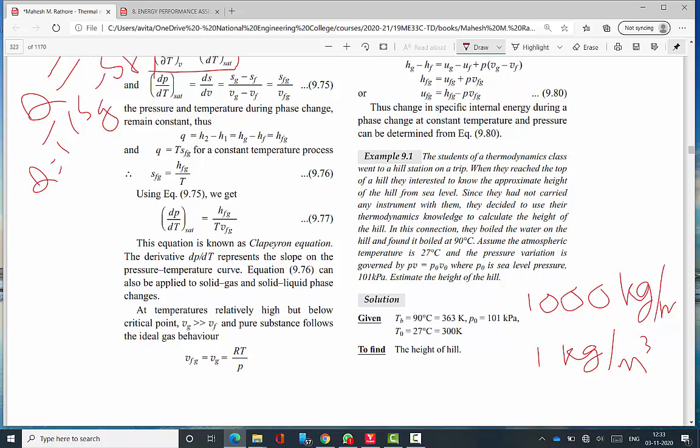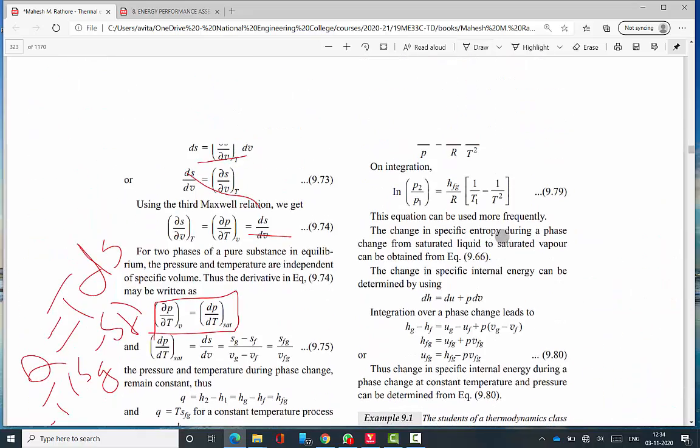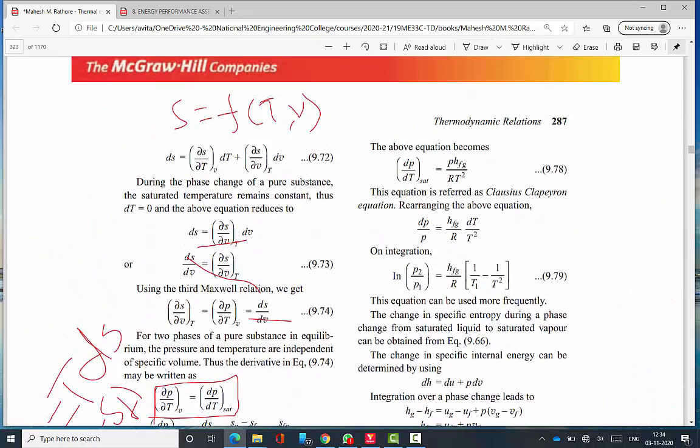Therefore we can write Vfg equal to Vg minus Vf. Vf is negligible, therefore Vfg equal to Vg. Remember the PV equal to RT equation, then Vg equal to RT by P. The above equation becomes dP by dT at saturation equal to P into hfg divided by RT square.